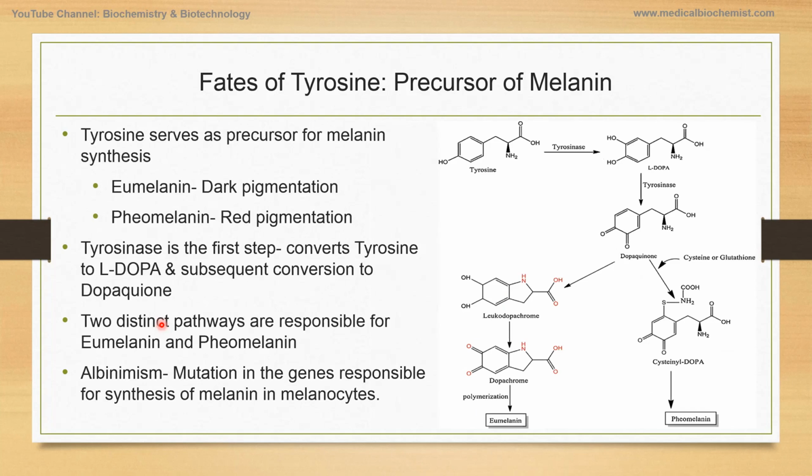The first step for the conversion of tyrosine into melanin is catalyzed by tyrosinase. Tyrosinase converts L-dopa to dopaquinone, and this dopaquinone is further converted into leukodopachrome, eumelanin or pheomelanin.